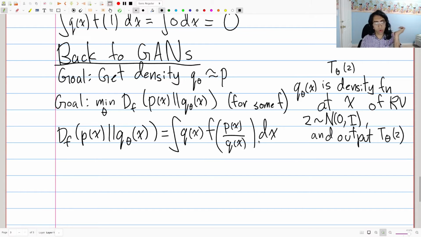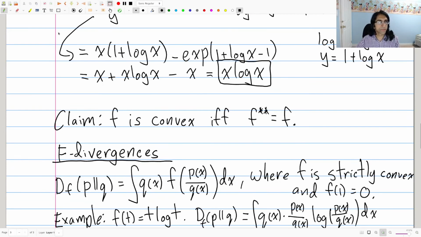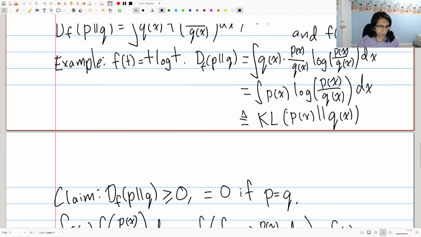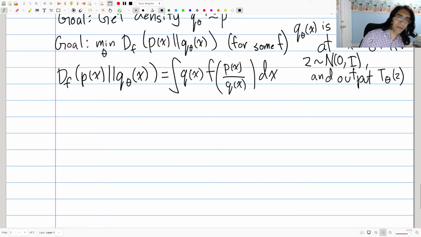And what we're going to do is use this claim that I mentioned about Fenchel conjugates. So remember that if a function f is convex, then taking the Fenchel conjugate twice is going to be equal to itself. So this is perhaps the trickiest part of this derivation I'm going to do here. But the main thing is that we're going to rewrite this f right here as the conjugate of its conjugate.